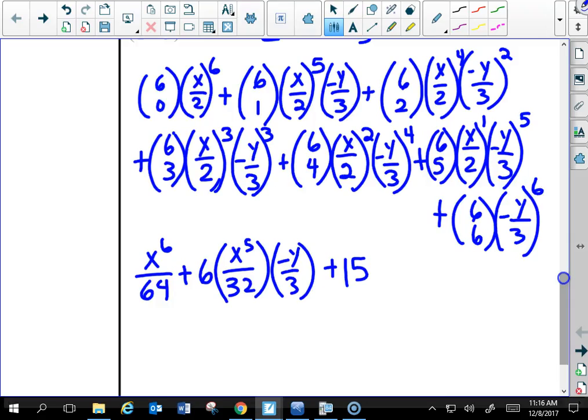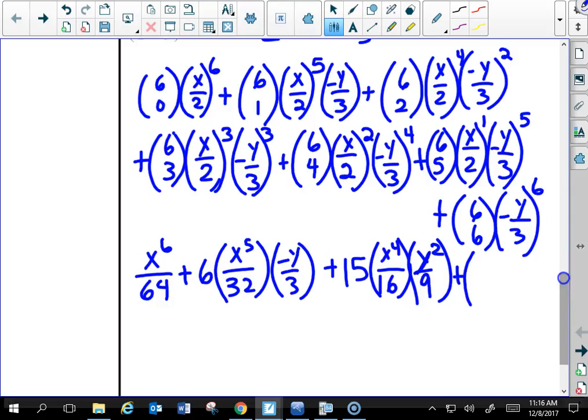So I get 15, and I get x to the 4th over 2 to the 4th power, which is 16. And then I get negative y squared. Okay, so I'm squaring it. It's going to go positive. So I get y squared over 3 squared, which is 9. Make sure that looks like a y.